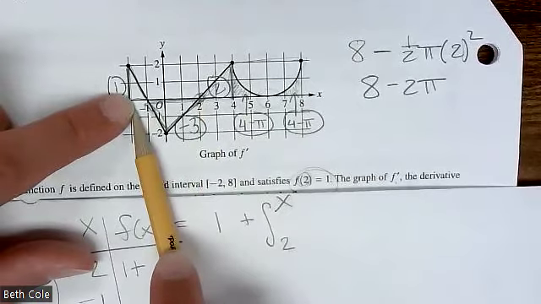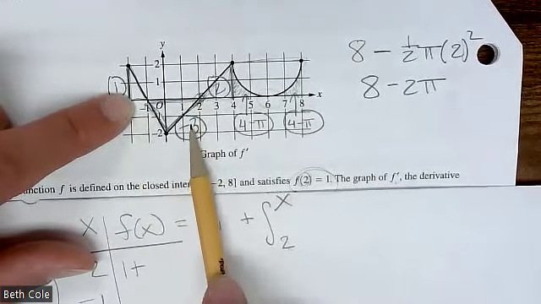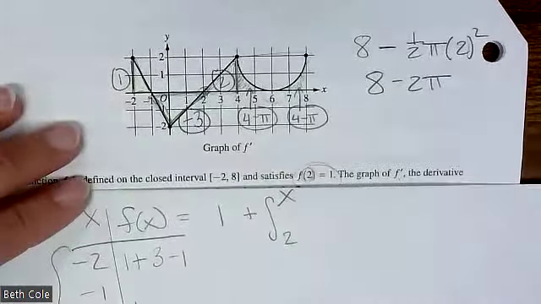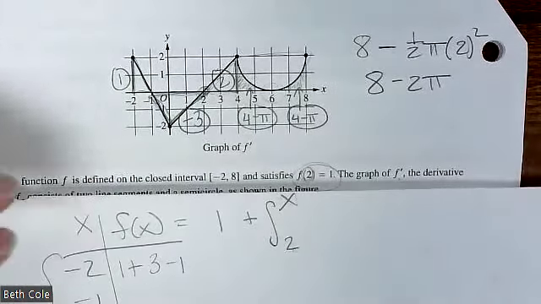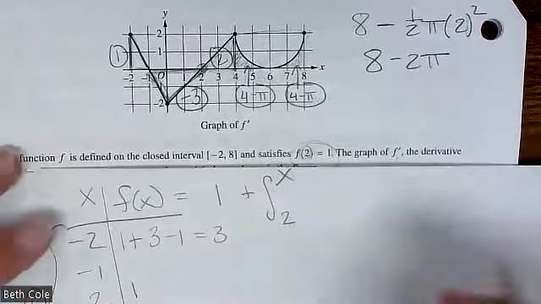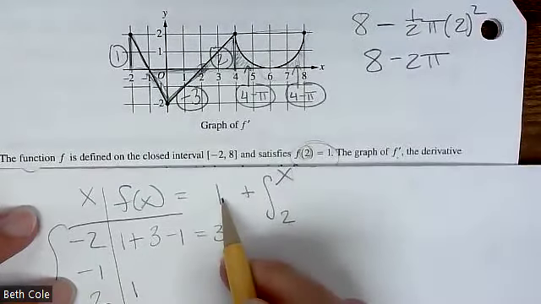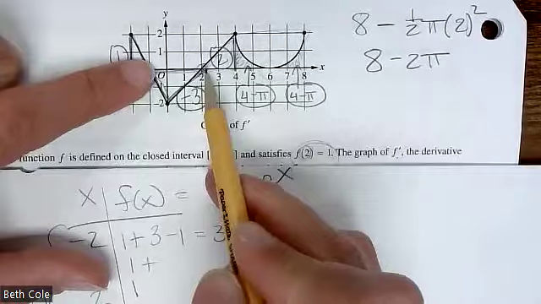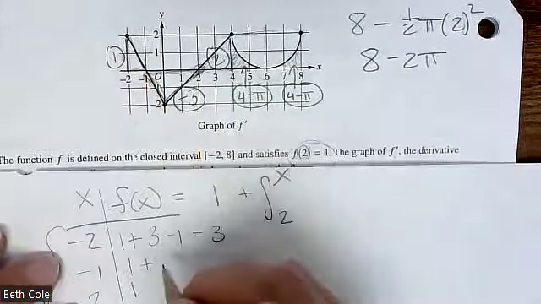You're going backwards. So it would be +3 minus 1. So here, just go ahead and take this. What's that going to come out to? 3 for that one. Cool. Now let's do the same thing for -1. It's going to be 1 plus the integral from 2 to -1. So 1 plus 3.